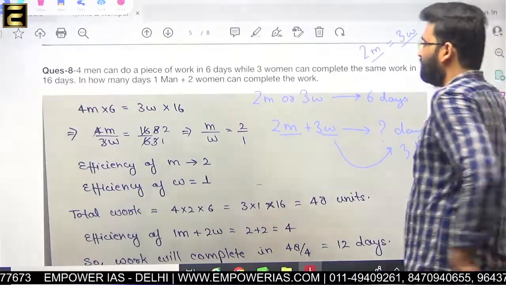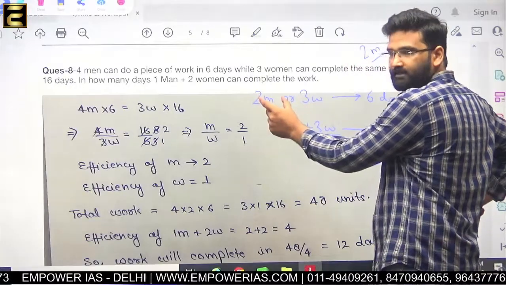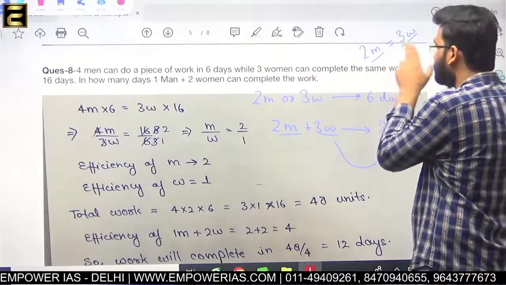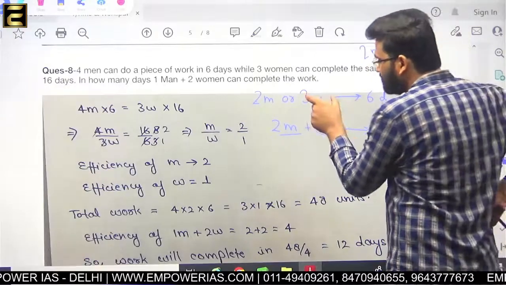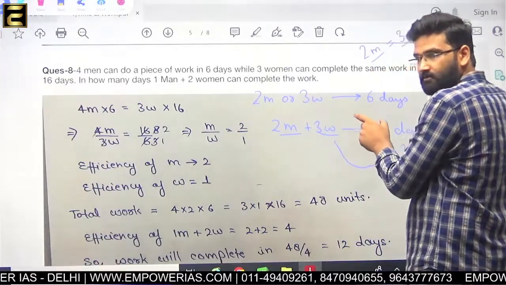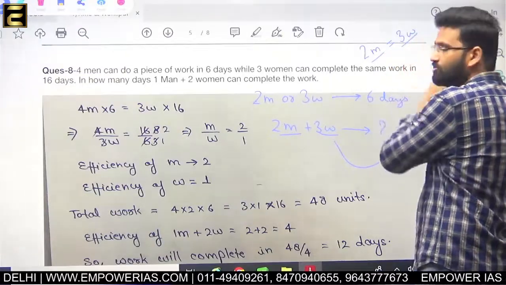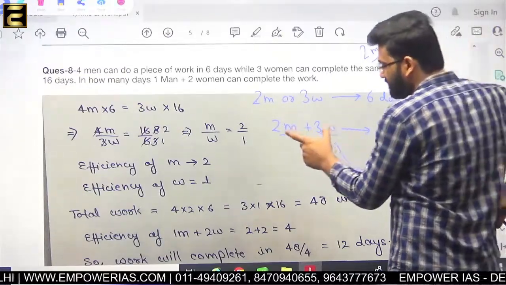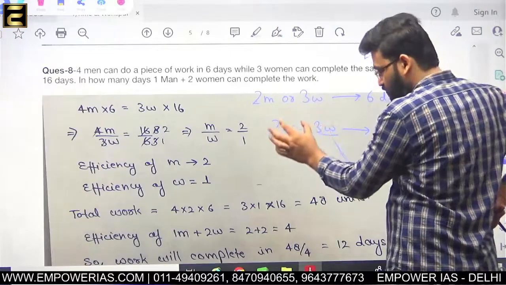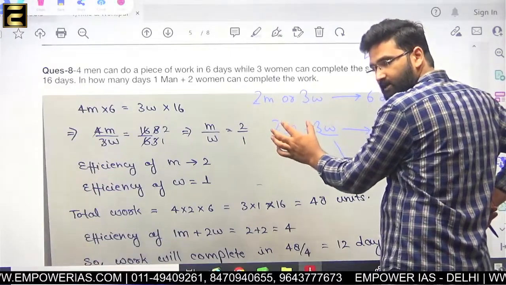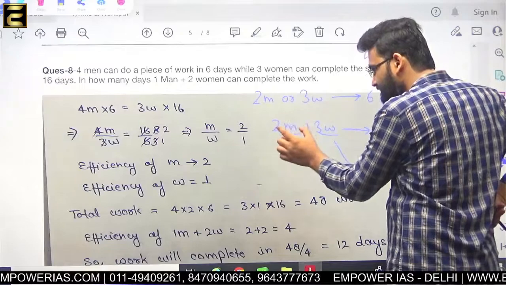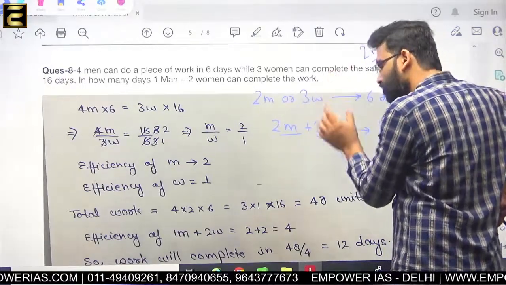See, when 2 men alone are doing the work, they are able to finish the work in 6 days. When 3 women alone do the work, they are also able to finish it in 6 days. It means that the efficiency of 2 men is equal to 3 women. Now here, 2 men are there, along with these 2 men, 3 women are also present.